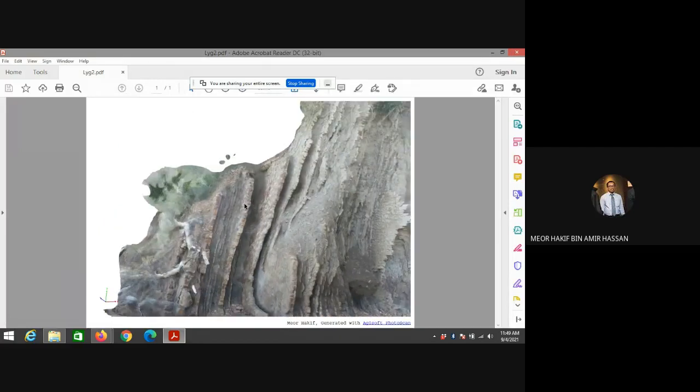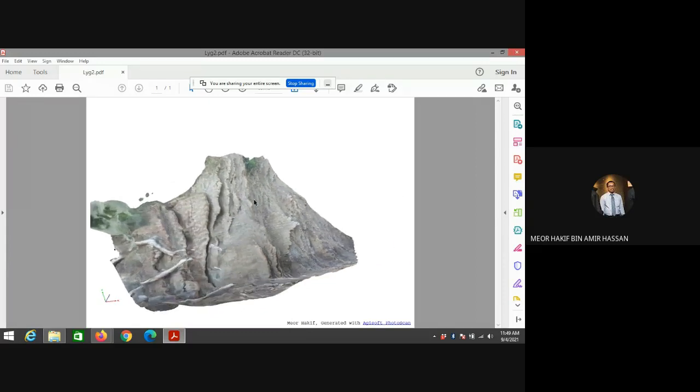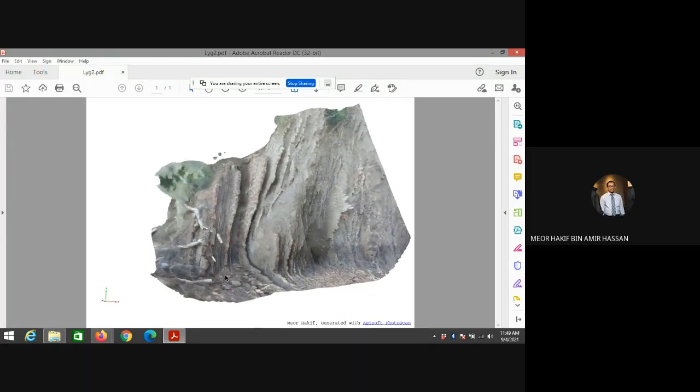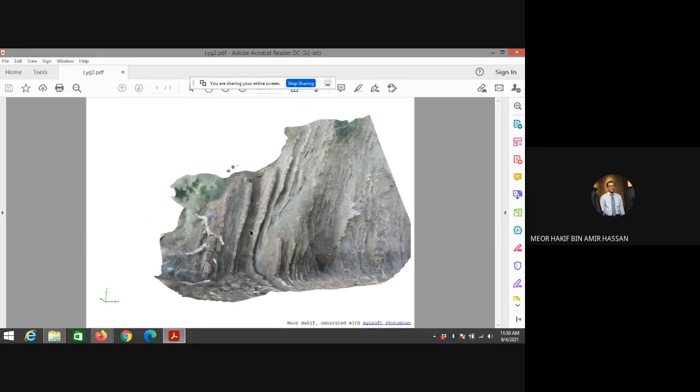Once you finish with the first outcrop, do the next one. You have another outcrop, do the same thing: do a reconnaissance, identify the rock type and the sedimentary structures, determine the current direction, and do sedimentary logging.